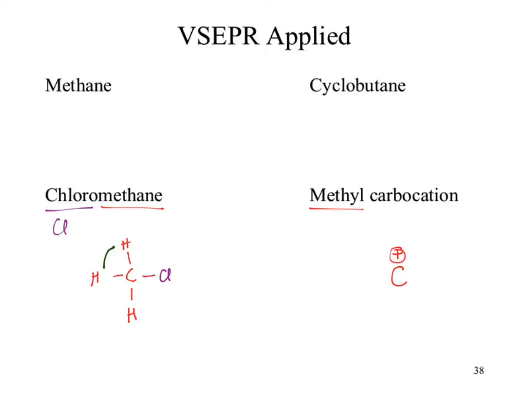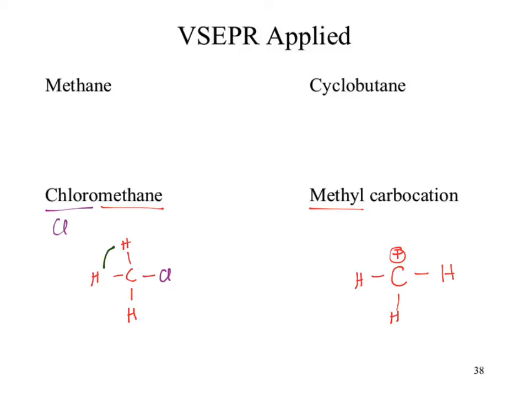Okay. Carbon's supposed to have 4 groups of electrons. Will it have 4 groups this time? No, because one of them is a positive charge. So what are the other 3? Hydrogens. What is the shape? Trigonal planar.